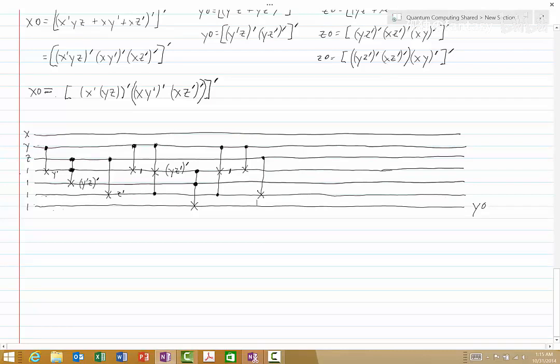and then this gate would undo this one, and then finally if we do this, notice that here's the final gate that calculated our output, and everything besides that is symmetric about it.